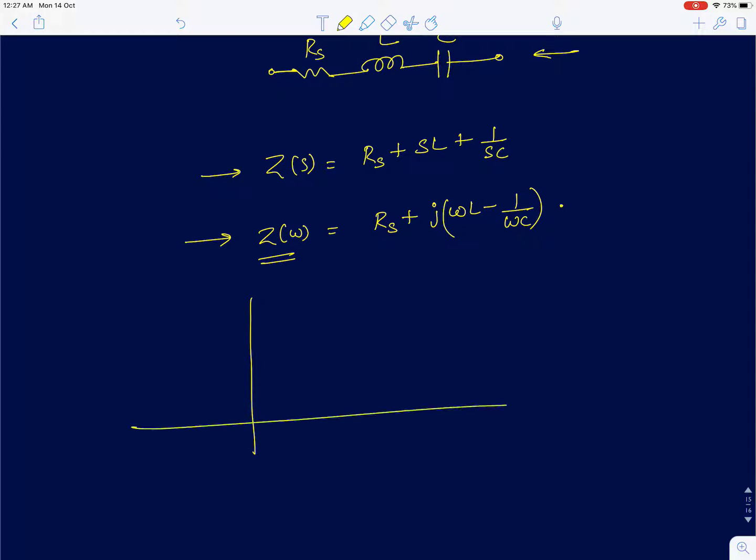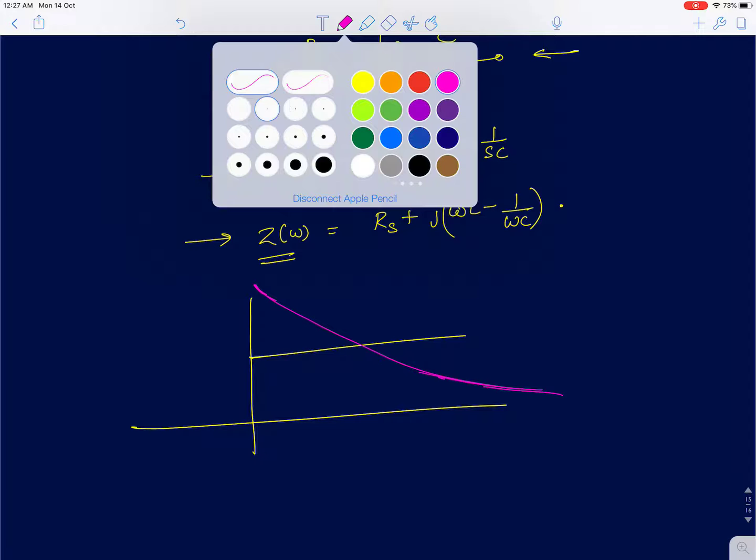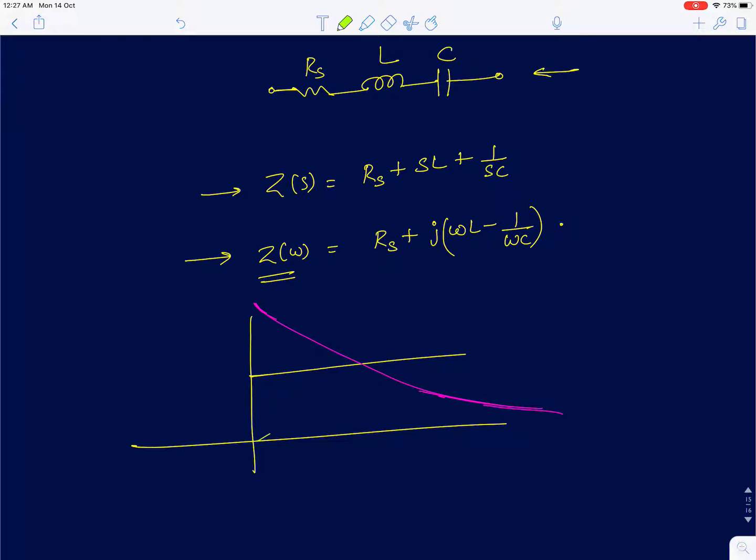The impedance of the resistance is constant with all frequencies. The impedance of the capacitor, on the other hand, is going to be infinity at DC and it's going to go to 0 at infinite frequencies. And the impedance of the inductance is going to be infinity at higher frequencies and 0 at lower frequencies.